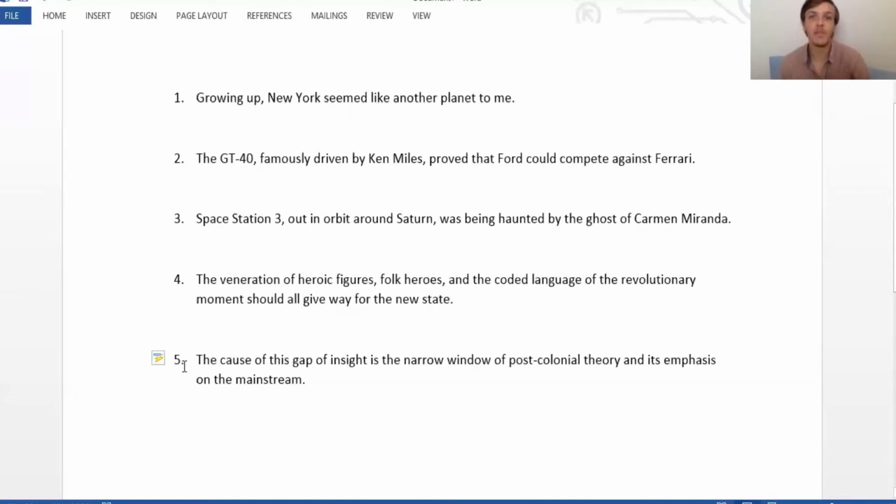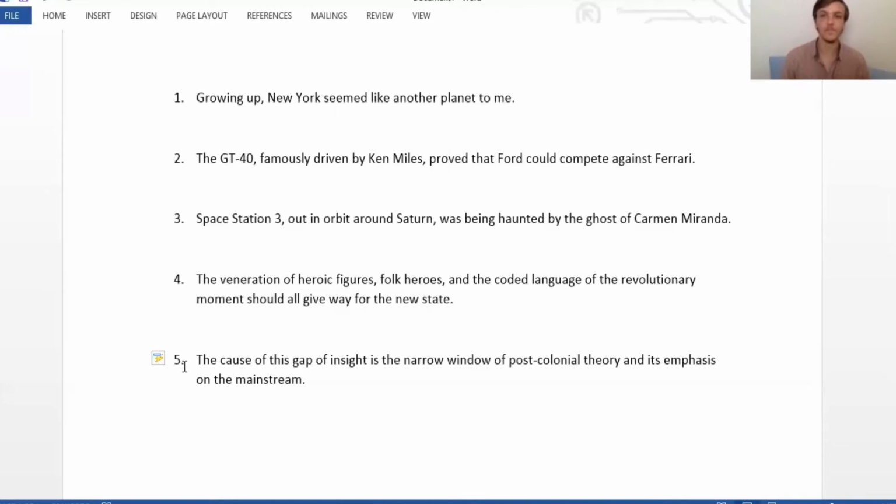And with this sentence as well, it has three, or I guess technically four, proper nouns, right? GT40, Ken Miles, Ford, and Ferrari. Mm-hmm. And so it's easy to perhaps think that Ken Miles, the person, or these two big companies could be the subject, but that's actually not the case here. Yeah.